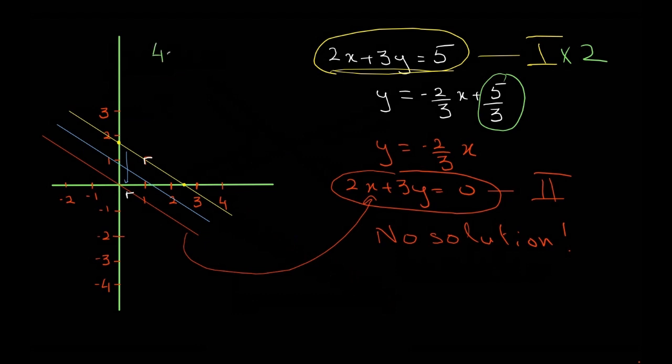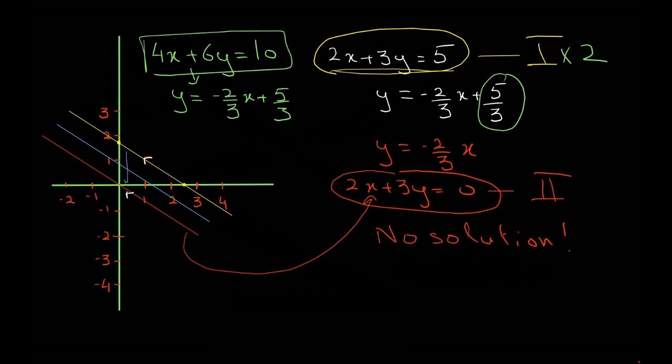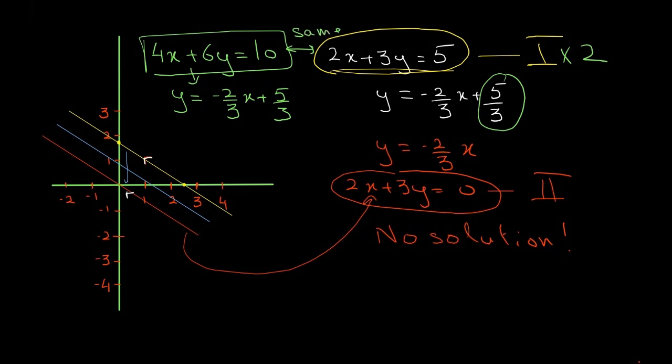I get 4x plus 6y is equal to 10. But that's the same equation. Why is it the same equation? Well, if you rewrite it, you'll find this is the equation y is equal to minus 2 over 3 x plus 5 over 3. So this and this are actually the same. These two are the same equation.